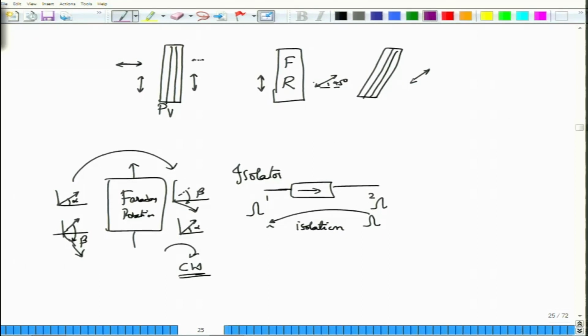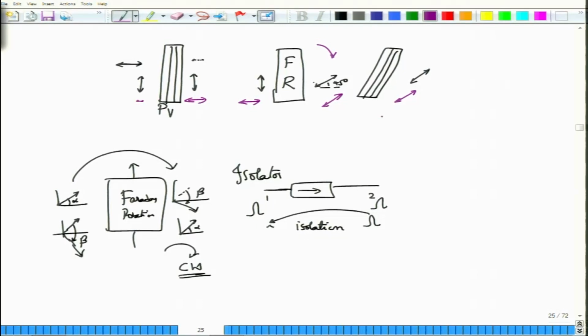But what happens when you send in light, let us say at the same 45 degrees, from this side? At the output you still have 45 degrees, no problem, but then when you come to this side of the Faraday rotator, it will always rotate in the same direction. So there is only a clockwise rotation. Clearly it will make it into another 45 degrees, which causes the 45-degree polarized light to become horizontally polarized light, and you now get horizontally polarized light as input to the polarizer here, and unfortunately the output will be very small because this is a vertical polarization selection device, whereas the input you sent is horizontally polarized.